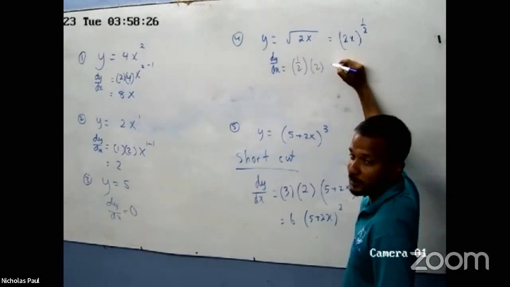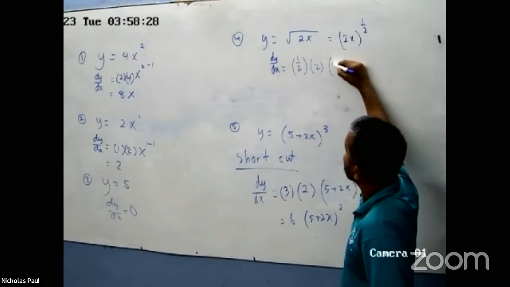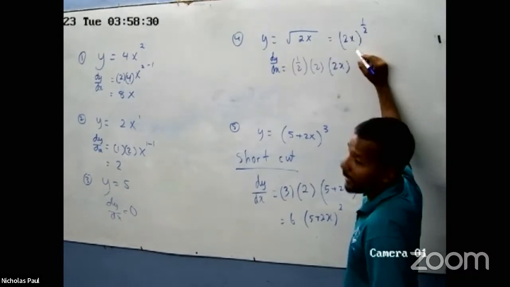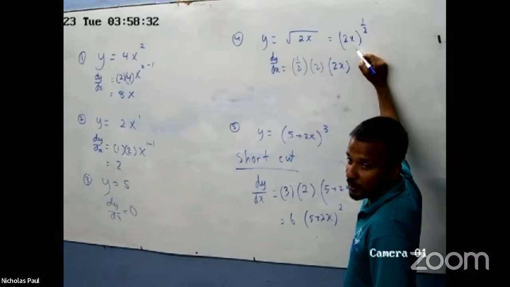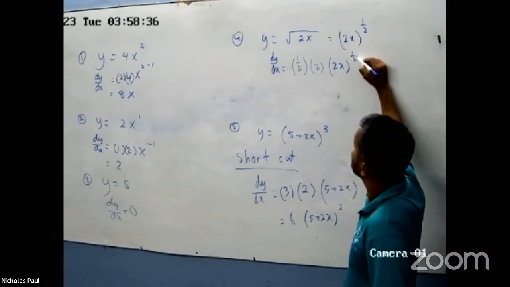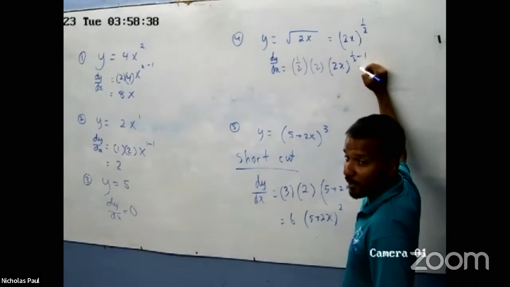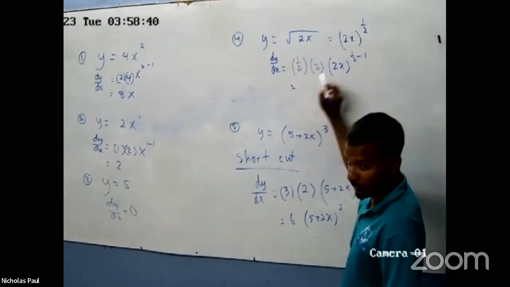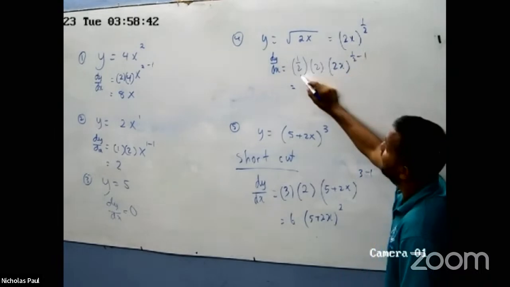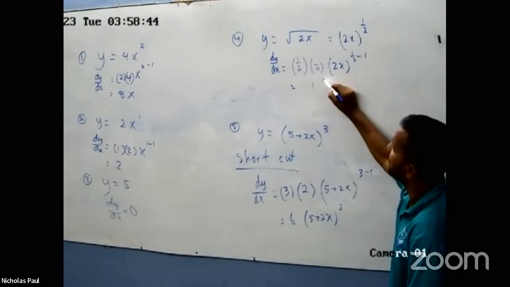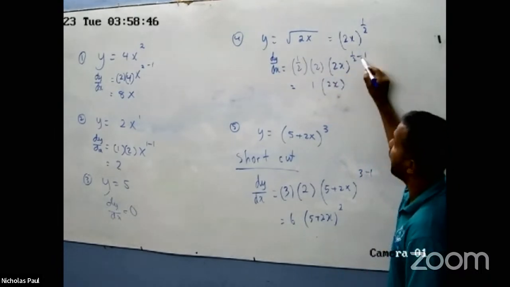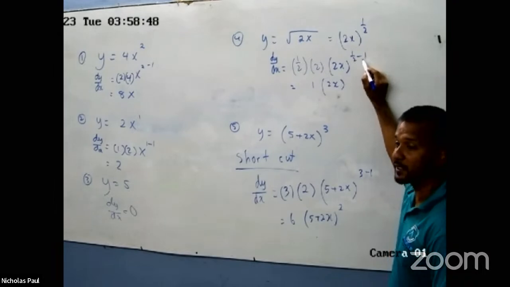Next step is what? Put back the bracket. And then the last step, minus 1 from the power, which is minus 1/2. Yeah? You can handle that? 1/2 by 2 is 1, so it's 1 by 2x to the power of minus 1/2.